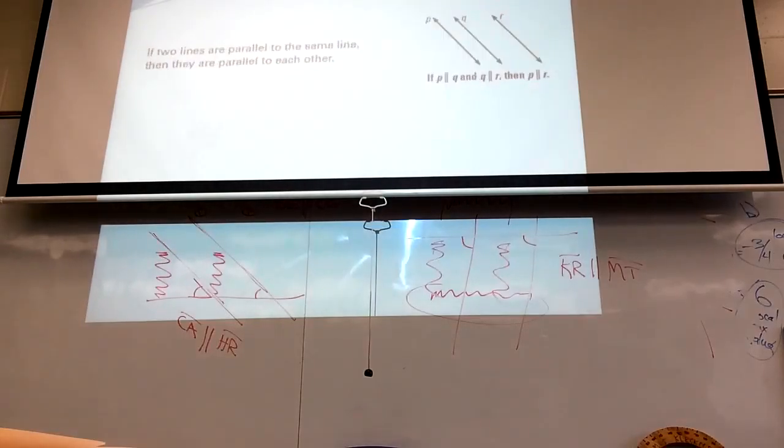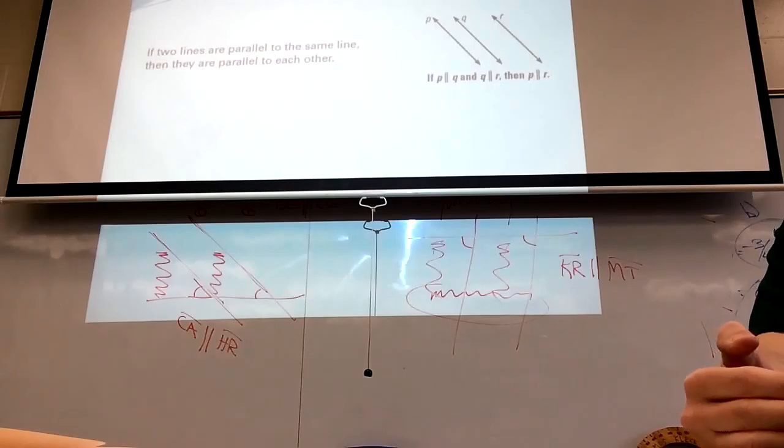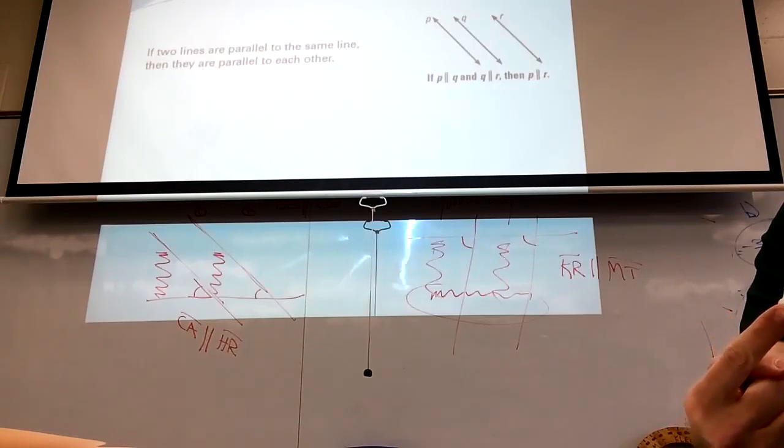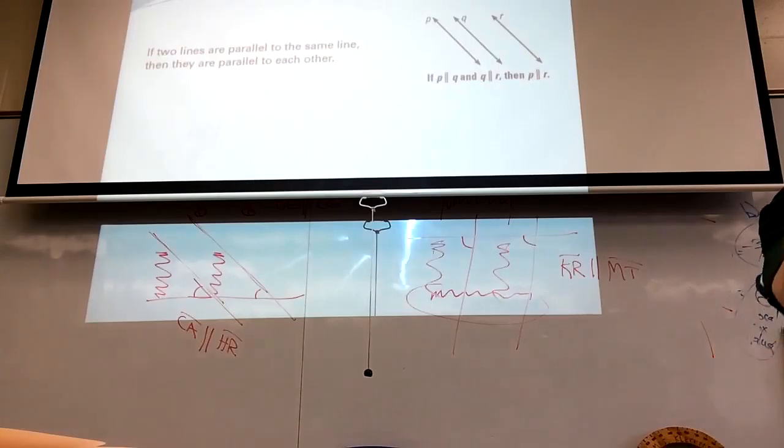The other one, you have to have three lines that look like they're parallel. This looks like the transitive property. It looks like that law of syllogism thing we did. It's a quick way to link together three lines where separate pairs are parallel to each other.